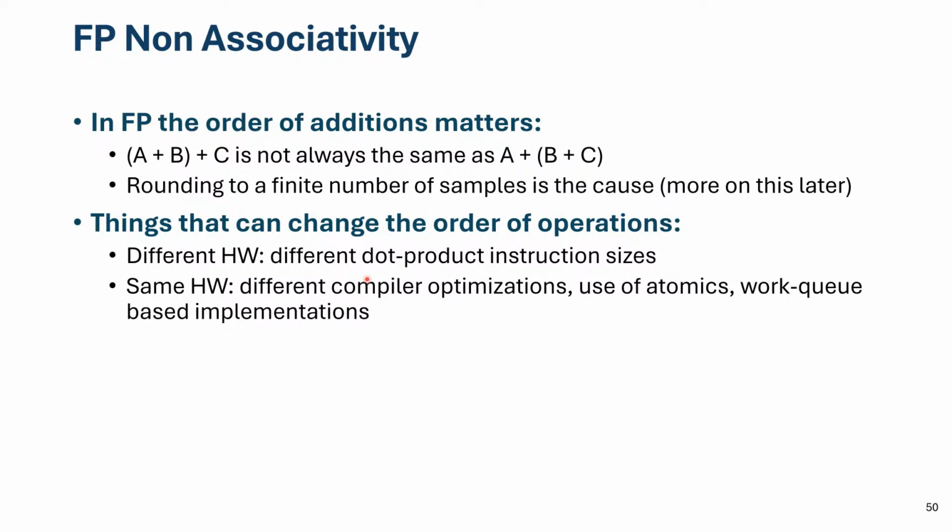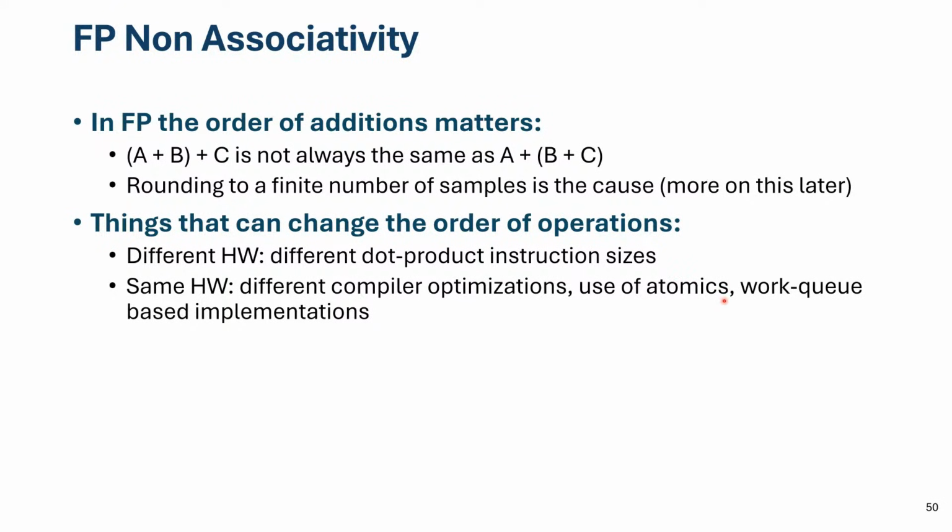If you compute a dot product of 1024 elements, whether you do it 32 elements at a time or 16 elements at a time, you change the order of additions. But even on the same hardware, you can get different orders of operations, either because of different compiler optimizations, like different compiler flags, or if you're using atomics for things like reductions, because then that's effectively scheduled at runtime.